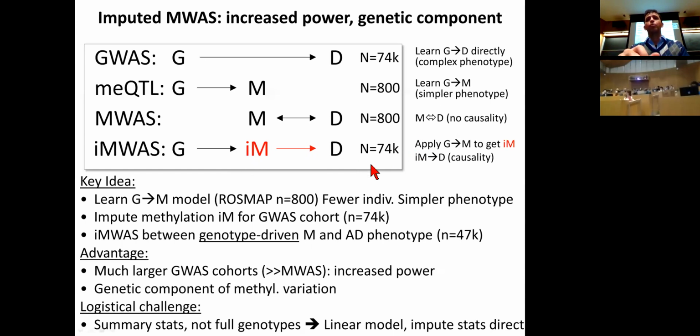So number one, I have more power because I have more individuals. Number two, I get my unidirectionality back because this is the genetic component of methylation. It's not exactly methylation, but I would argue that it might be better than methylation because this is the causal part of methylation. That's the part that I can predict before the individual is born.